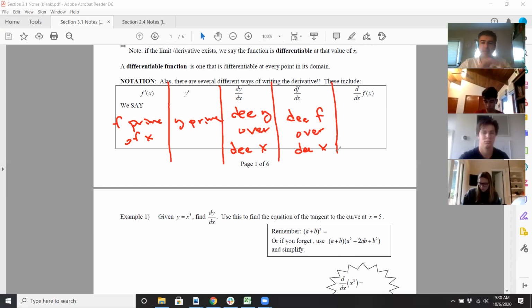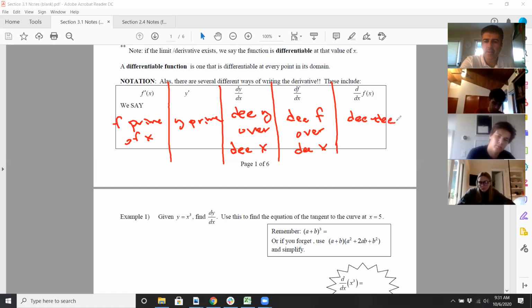I'll explain the rationale behind the dy and the dx, and that'll be made more clear later in this class. And then lastly, we say this is d dx of f of x.